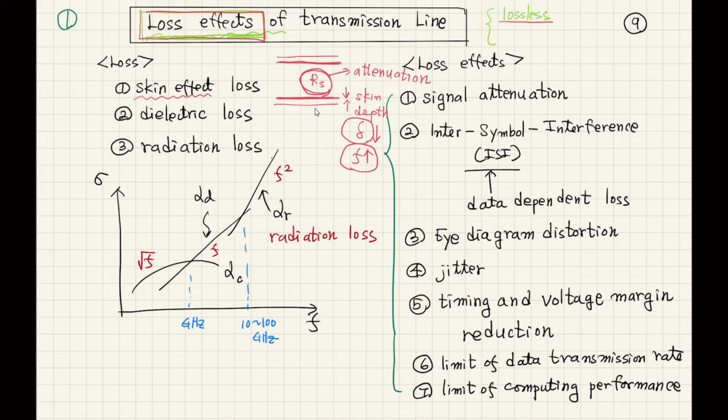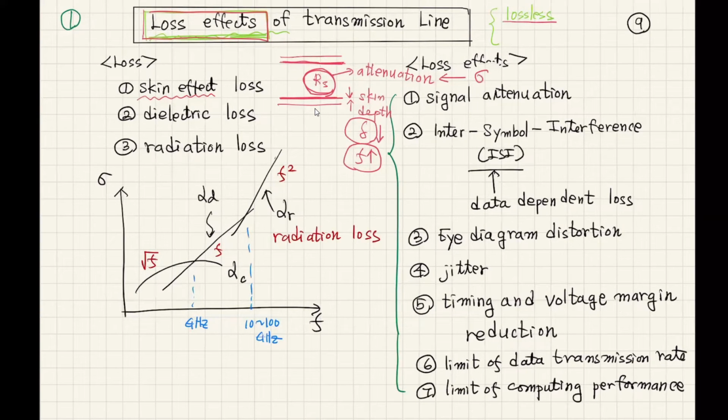So far in this class, we were not talking about the effect of signal attenuation. This attenuation will be represented by the attenuation constant by skin effect loss, conductor loss.